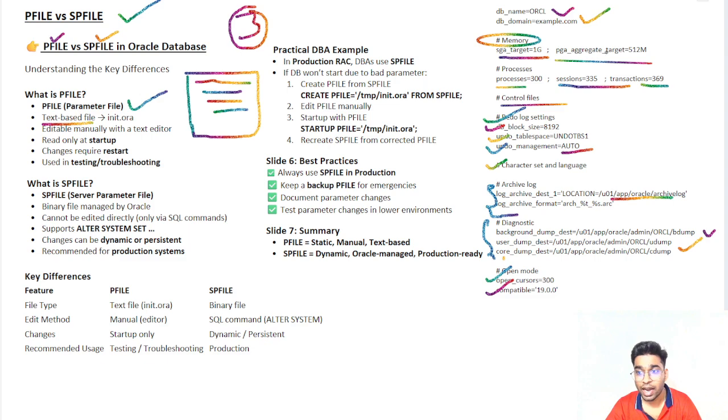We can do the modifications as per our requirement. It is read only at startup, and this is the first stage, startup nomount. The initialization parameters are required for the database to start up.